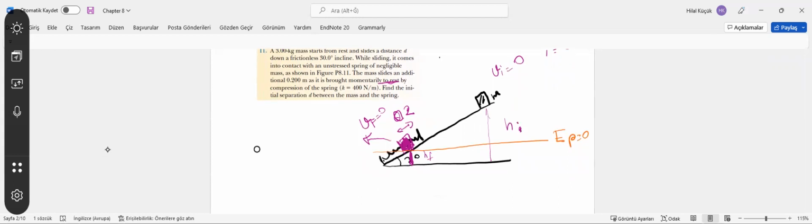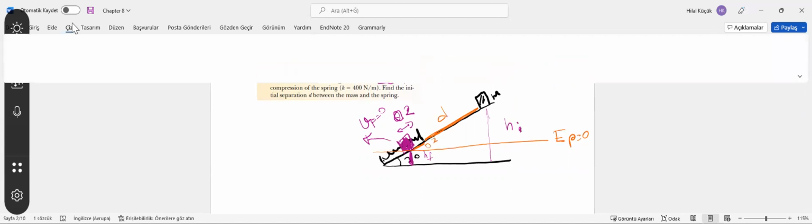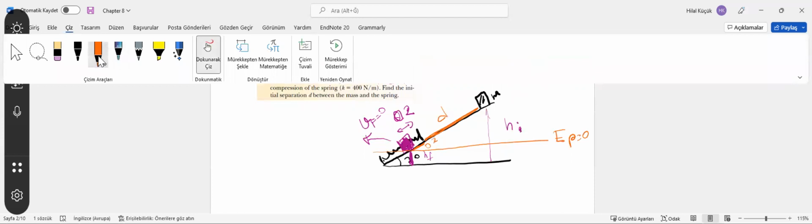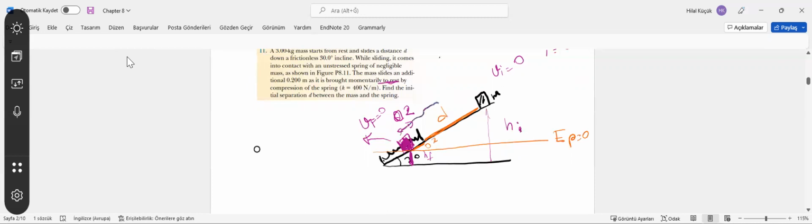I know this part is D, because it's coming from the question. But when the spring is stretched, I will have to add this 0.2. So here, my distance will be D plus 0.2.